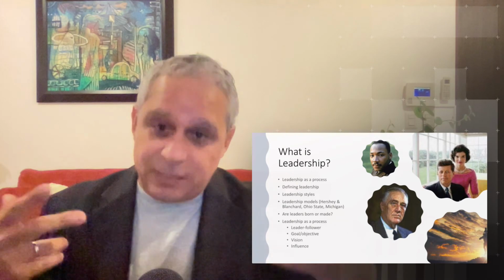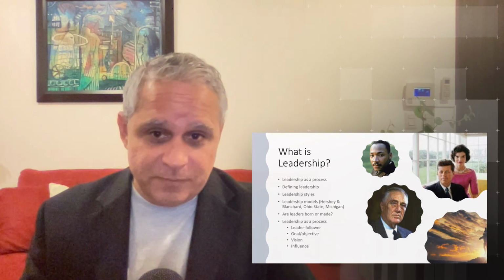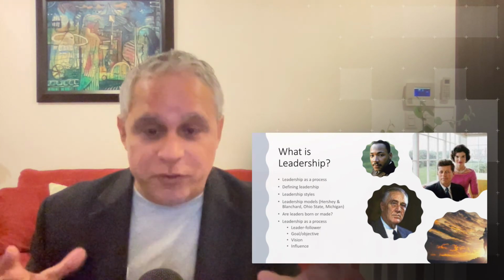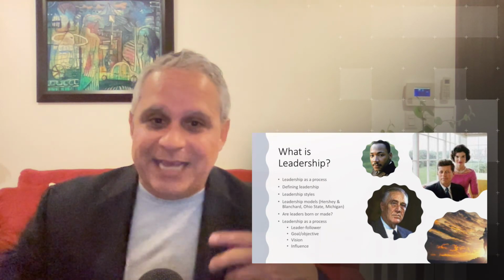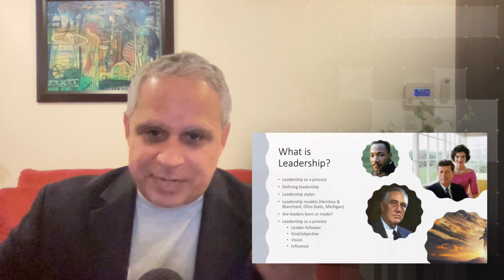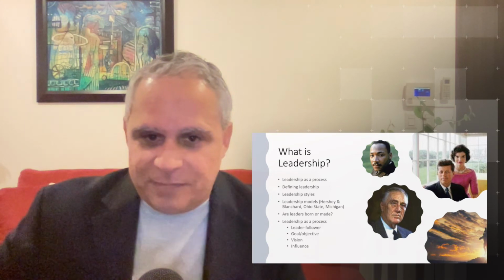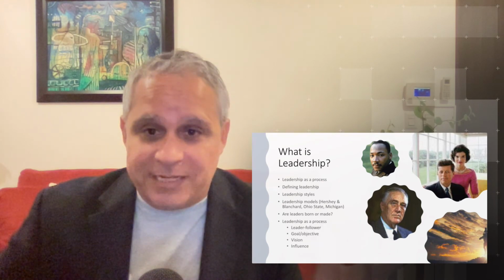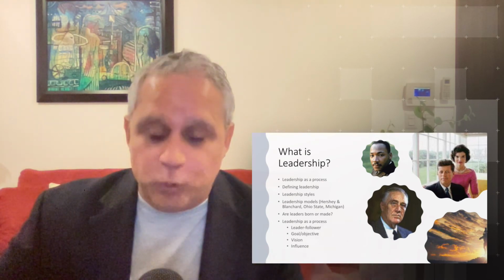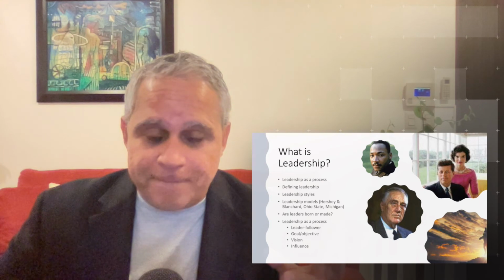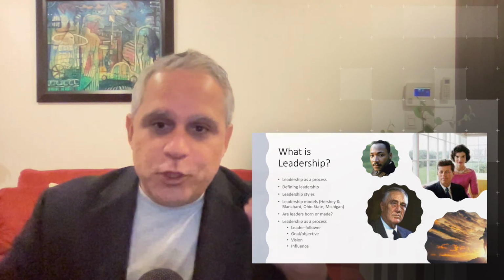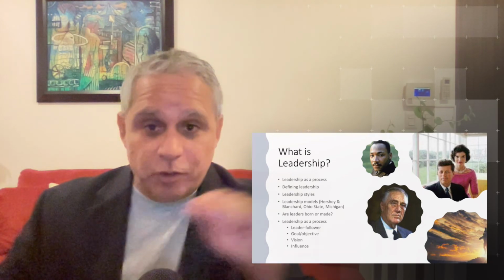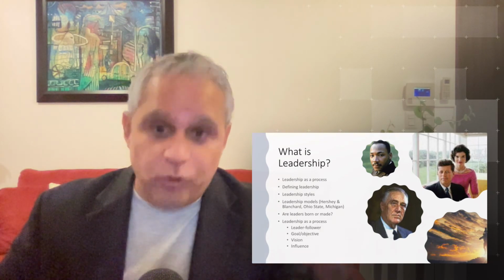Don't expect the process of leadership to take place if you don't do something different, if you don't change something. Because influence, which is the last part of the process here, because leadership is all about influence. In fact, if you wanted to find a synonym for leadership, it would be influence. So, are you influencing somebody else to do something, whether it's good or bad? And if you are, you're a leader.